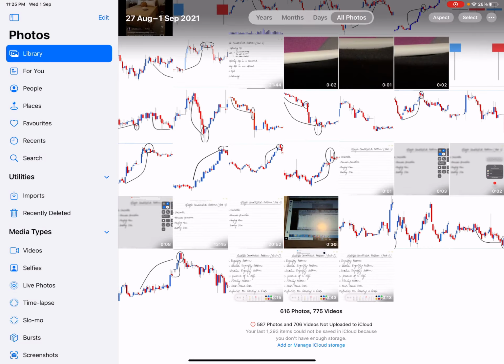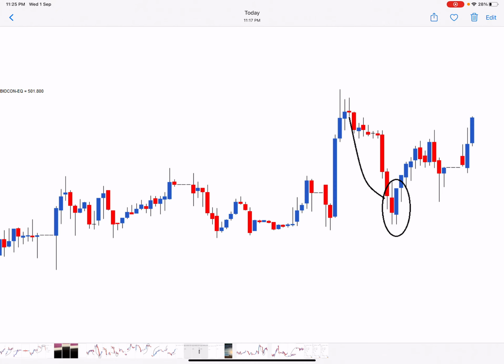So this is the chart. As this chart appears, you can see the pre-requirements for the pattern are as follows. The prior trend should be a downtrend.